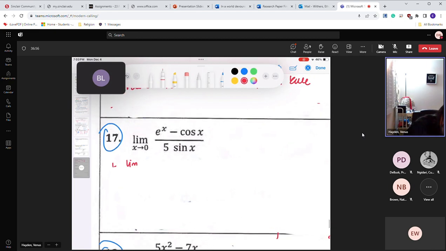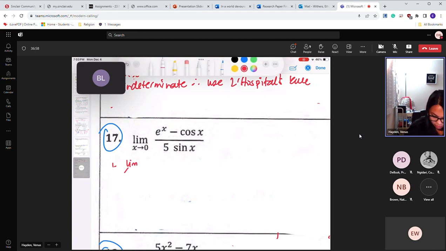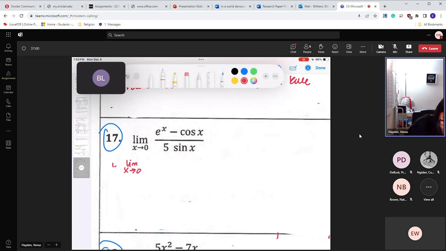The limit as x approaches 0 for e to the x minus the cosine of x. That becomes e to the power of 0 minus the cosine of 0. That happens to be just 1 minus 1, which is just 0.